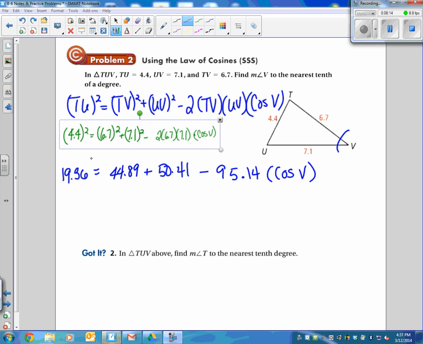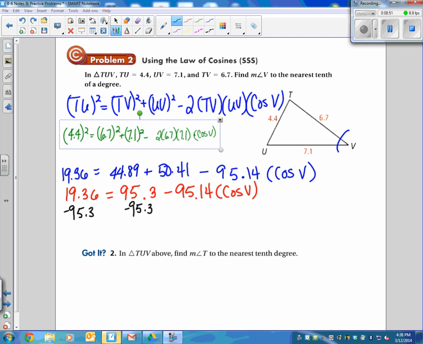Okay, so I'll add 44.89 plus 50.41, and I got 95.3, and then we're just going to carry this down from before, cosine of V, and then I will go ahead and subtract 95.3 from both sides.